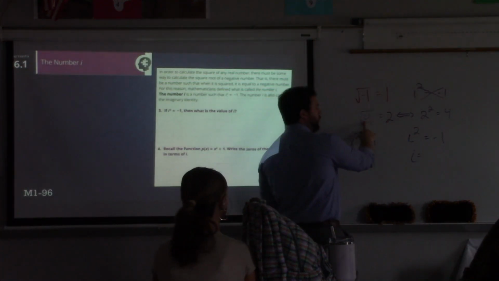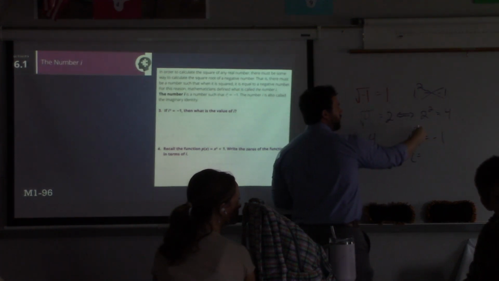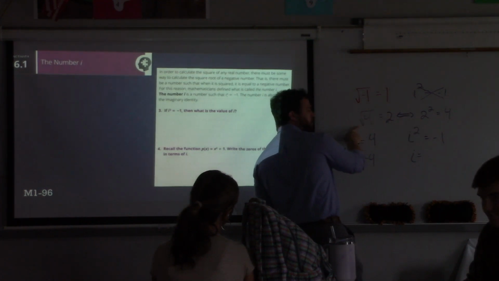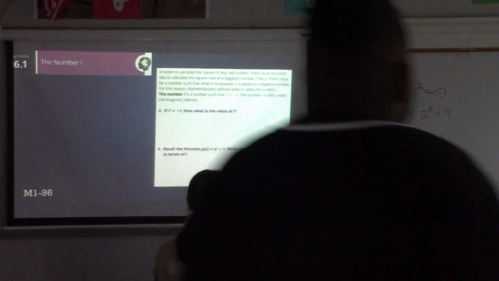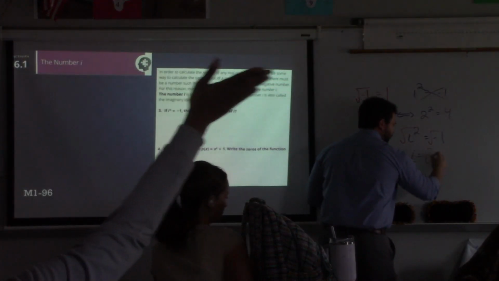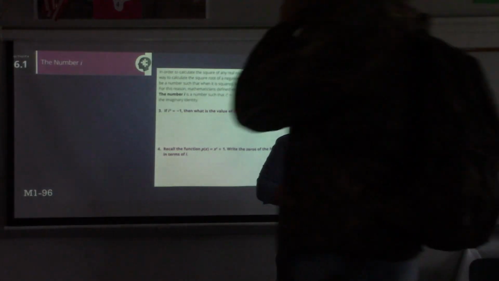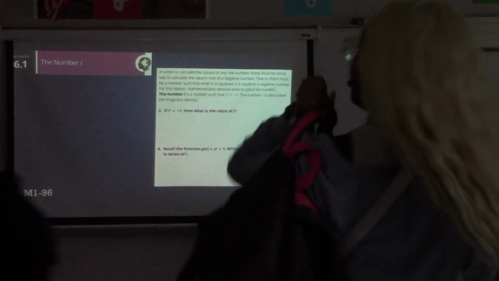The square root of 4 is equal to 2 because 2 squared is 4. So what is i going to equal? The square root of negative 1. Yeah. There is the number i. i is the square root of negative 1. We're going to talk about that more tomorrow, not next week.